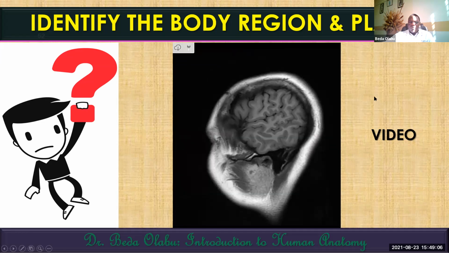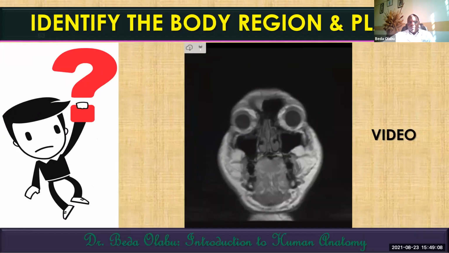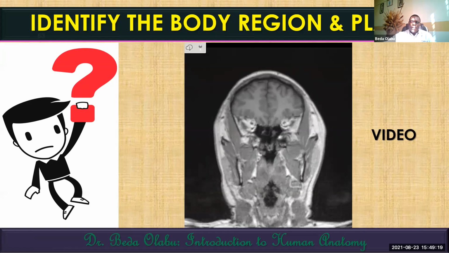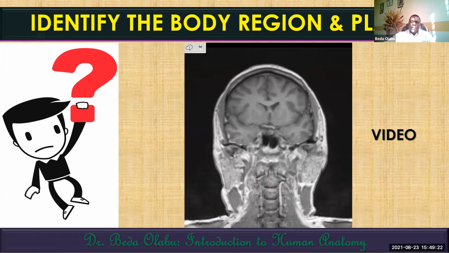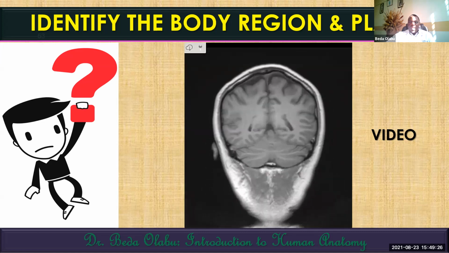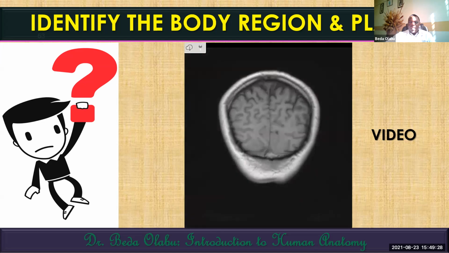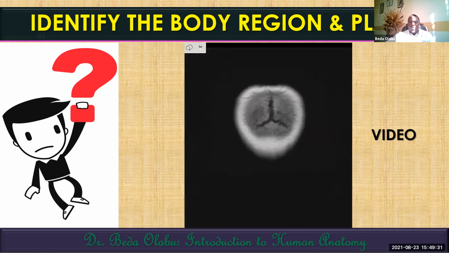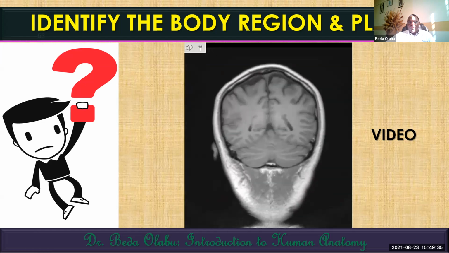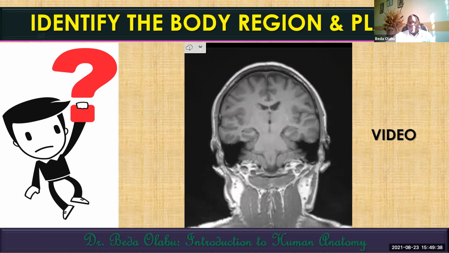I still have more. This one is showing you another video, and I hope you're going to call it coronal. Now, it is my hope that you've realized again that the three videos I've shown you are actually videos acquired from the head and the neck region.